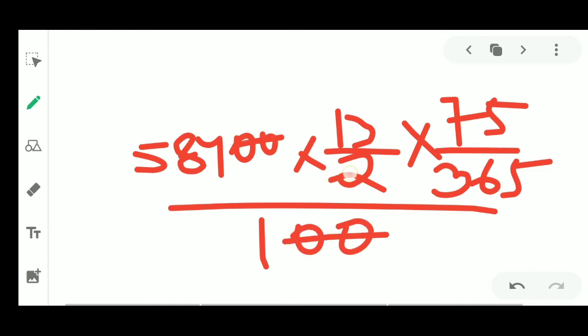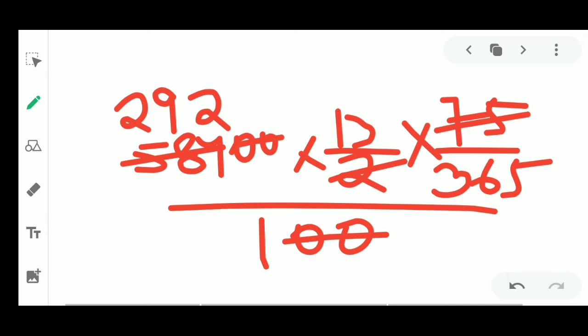The zeros will be cancelled, and 584 divided by 2, 2 2s are 4, 2 9s are 18, 2 2s are 4. Then 5 1s are 5, 5 5s are 25, and here 5 7s are 35, 5 3s are 15.